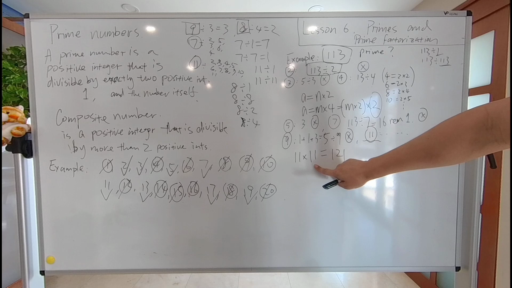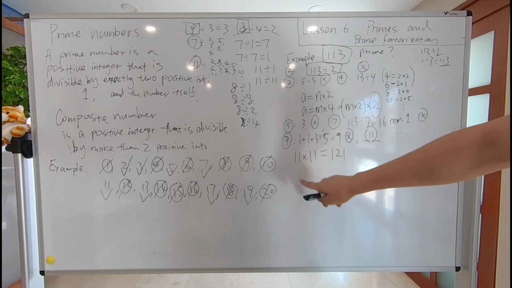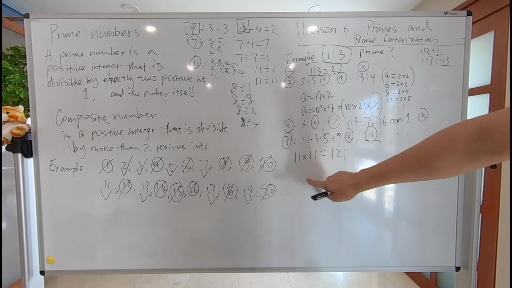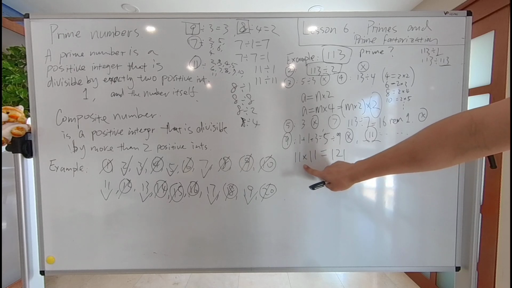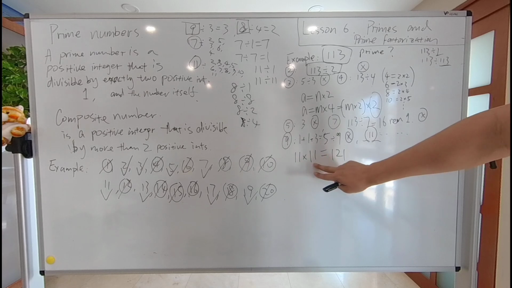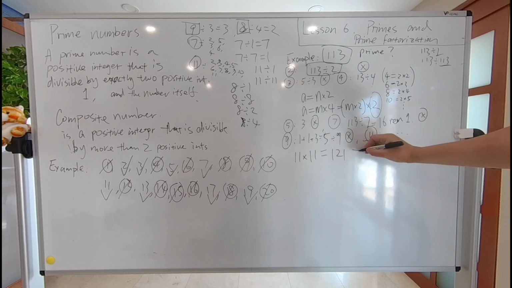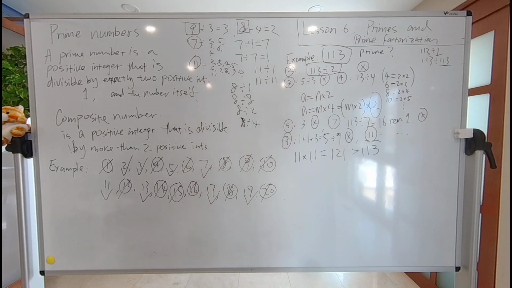In other words, I can still try different numbers beyond this number. For example, I can still try 13, I can try 15, I can try 17, I can try whatever number I like, but the minimum possible combination is 11 times 11, which gives you 121, is already greater than your target number 113.